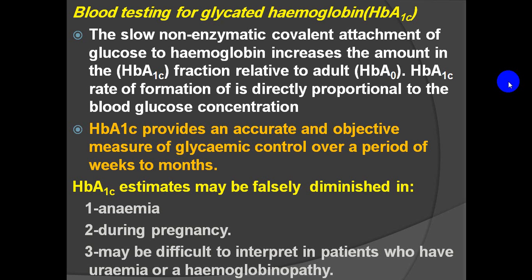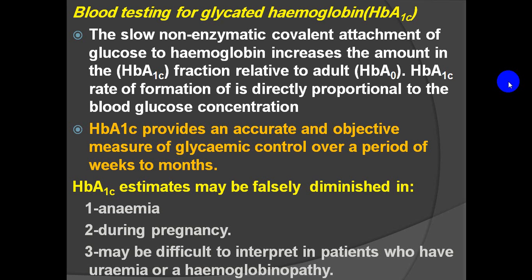And because hemoglobin A1C is related to the lifespan of the red blood cells, it provides an accurate and objective measure of glycemic control over a period of weeks or months.